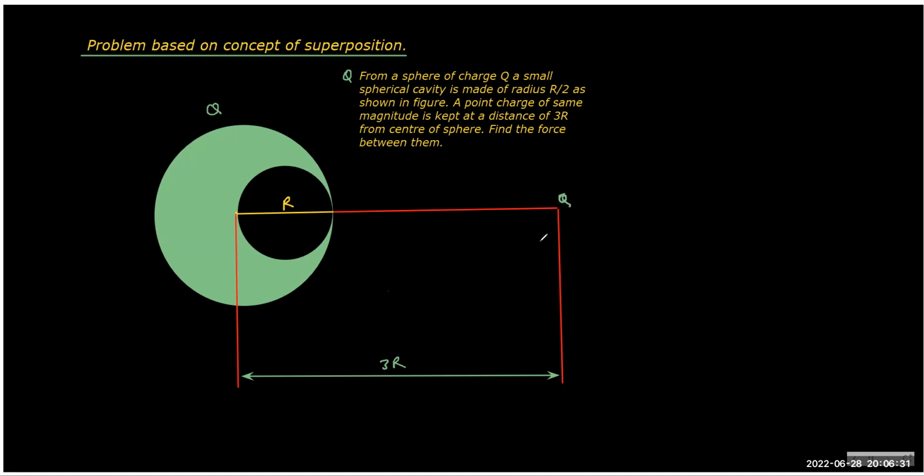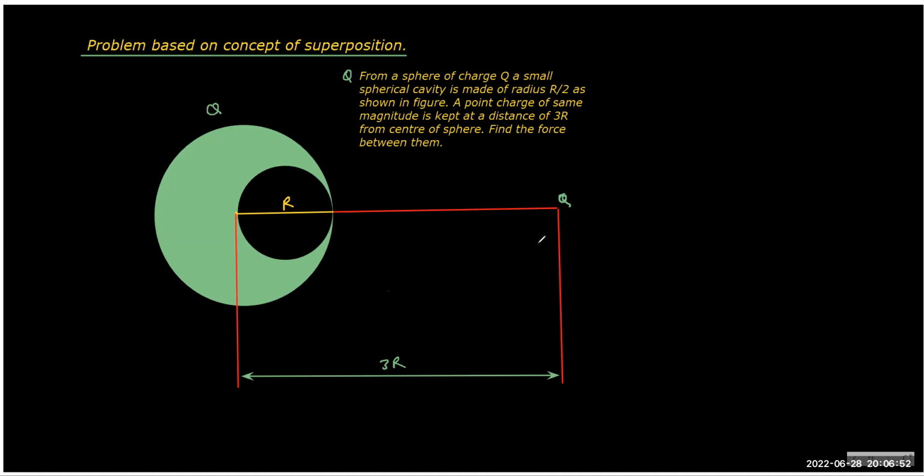Now, what the principle of superposition says is that if you remove a part of a sphere, it will lose the symmetry, and because it loses the symmetry, you cannot apply Coulomb's law, because it is no longer a spherical charge distribution.